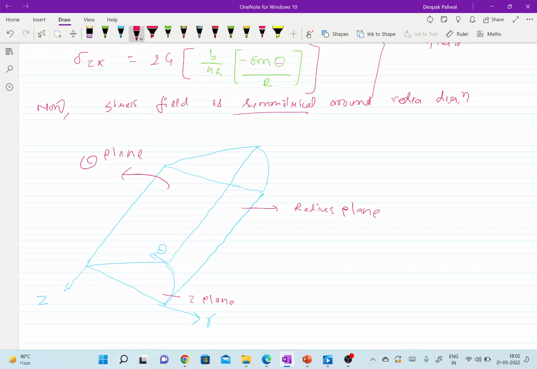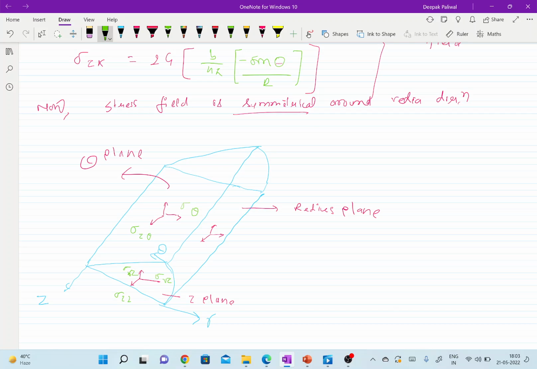Let me write the different components here. This is sigma zz, on the z plane in the z direction.